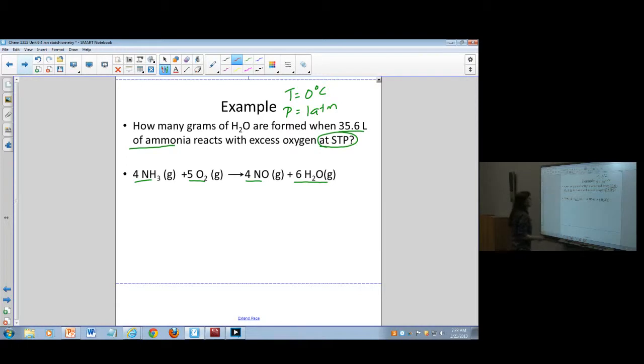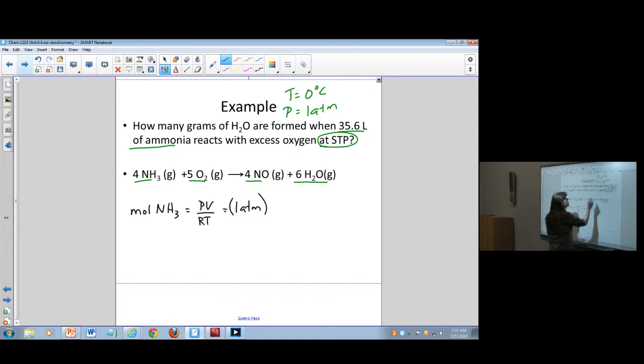So first I'll start with finding the moles of ammonia. That's what I know about. So the moles of ammonia will be equal to PV divided by RT. In this case, that's going to be 1 atmosphere, that's standard, times the 35.6 liters in this question, divided by 0.0821 liters atmosphere over mole times Kelvin.